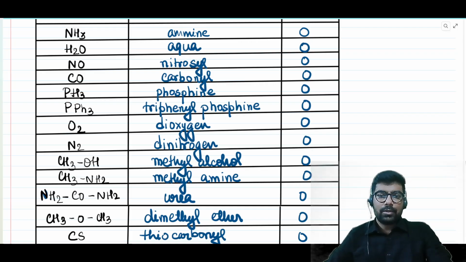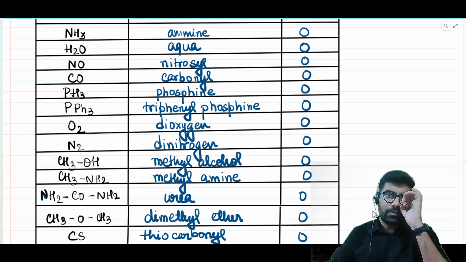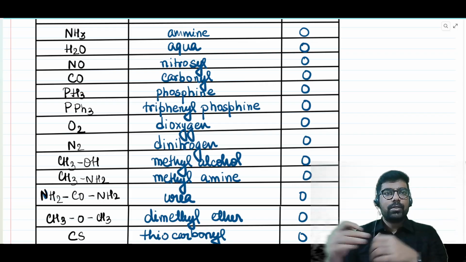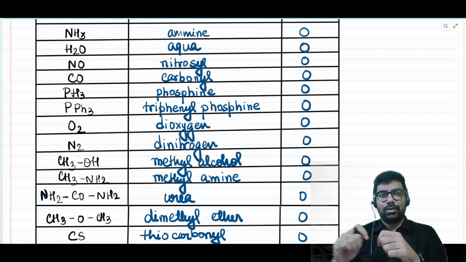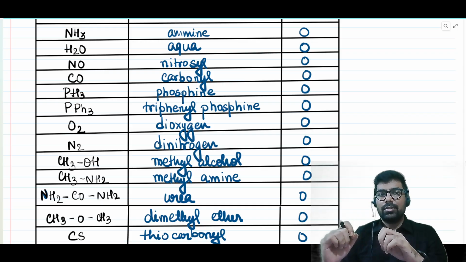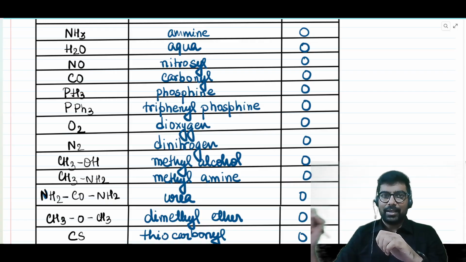So this is the first set of ligands. All of them are neutral, all of them are monodentate. First one is ammine. Remember this one. When it is only NH3, we use double M, AMMINE.